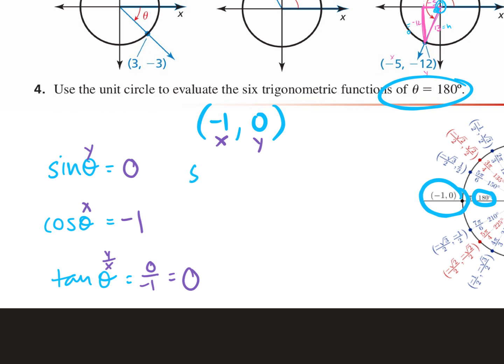Let's find our reciprocal ones. So we have cosecant, secant, and cotangent. So we just flip it. So instead of it being y, it's now 1 over y. So this would be 1 over, what was our y? 0. Can I have 0 on the bottom? So what would cosecant be? Undefined.